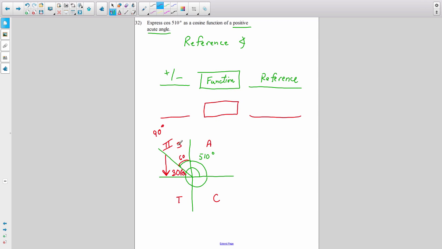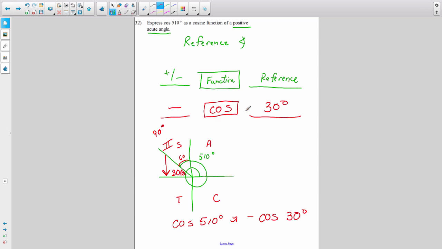Everybody else is negative. So, negative. Cosine is negative. What's my function? Cosine. What's my reference angle? 30 degrees. In other words, the cos of 510 is equivalent to the negative cosine of 30.